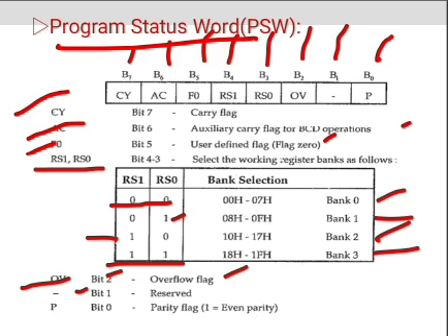Bit 0 is the parity flag. If the result in the accumulator A contains an even number of ones, P equals 1. Otherwise, 0. That means if the result in the accumulator contains an odd number of ones, P equals 0.